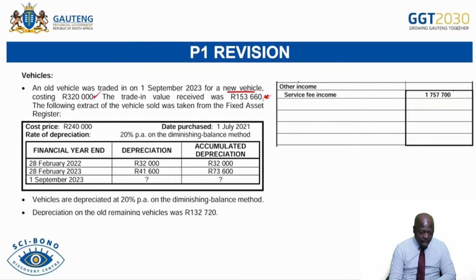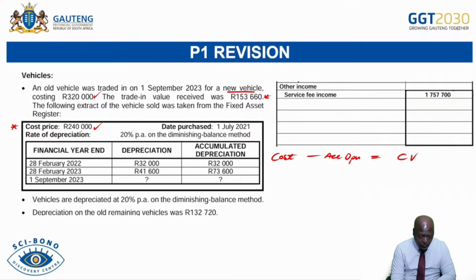The following extract from the vehicle sold was taken from the fixed asset register, and we're given a cost price of 240,000. I understand that if I come in and say cost, and I say minus accumulated depreciation, it should give me what we call carrying value. We should be okay here.